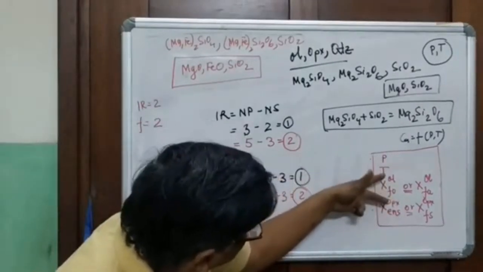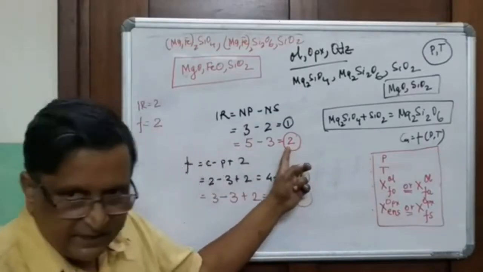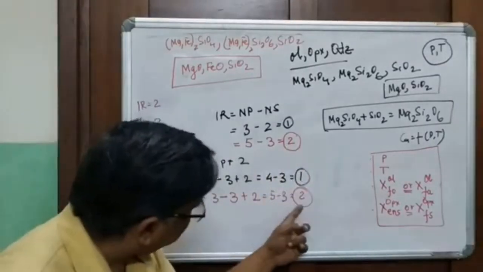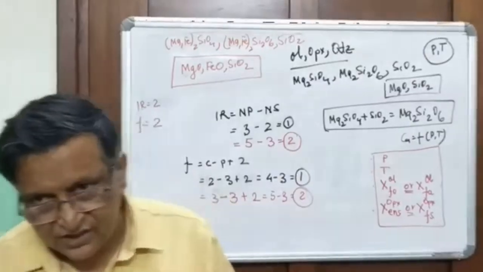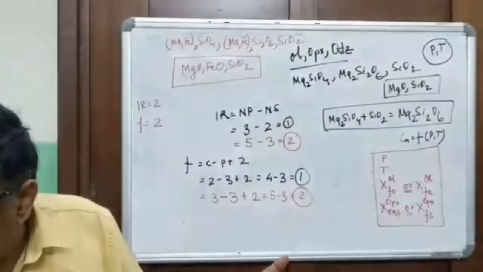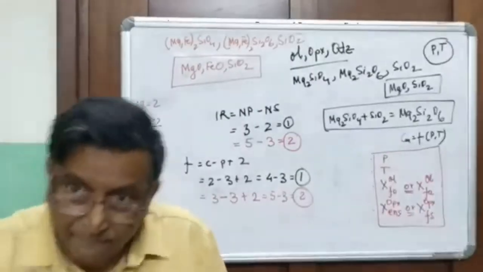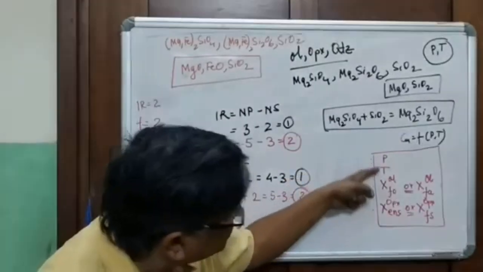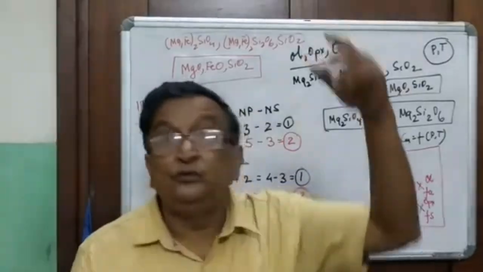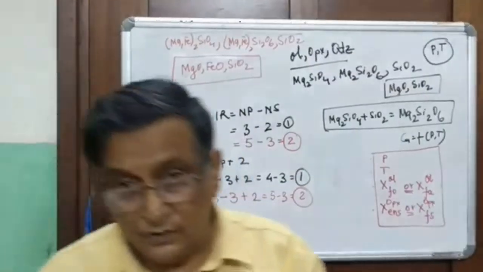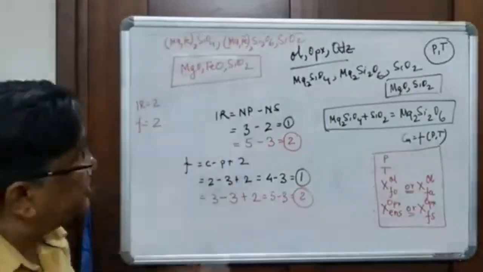Number of variables minus number of independent reactions is 2, which is the same as what the Gibbs phase rule says, that there are 2 degrees of freedom. Of course, that means you have to quantify 2 of these variables to get the other 2. Right? But what are the reactions?